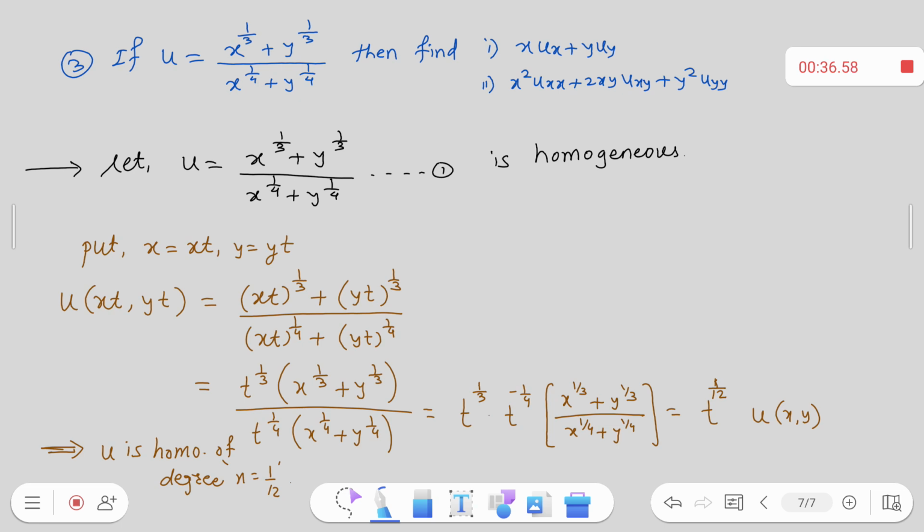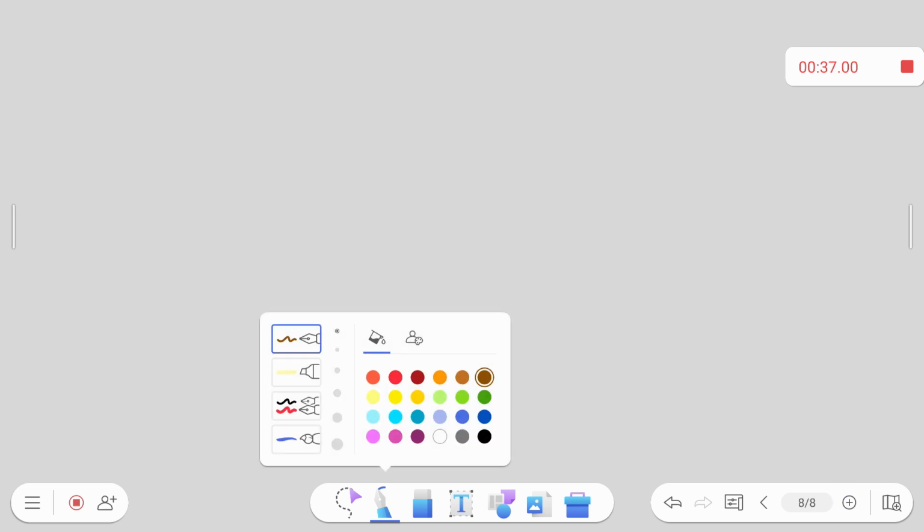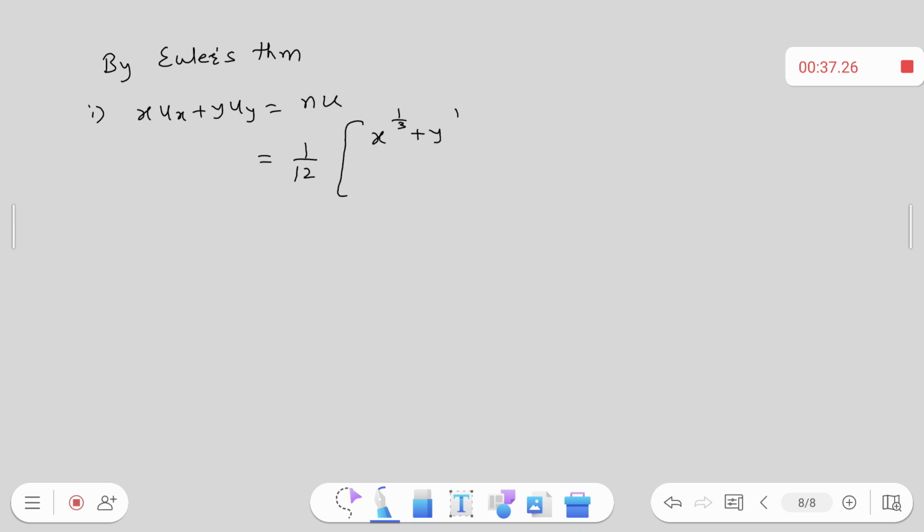So by Euler's theorem, x ux plus y uy is n into u. So put n and u. n is 1 upon 12, that is the degree, and u is x to the power 1 by 3 plus y to the power 1 by 3 upon x to the power 1 by 4 plus y to the power 1 by 4.